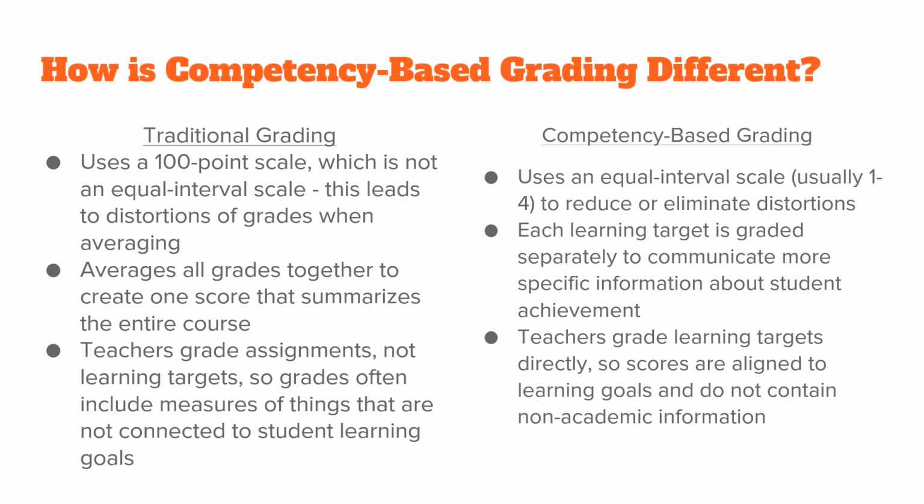Most of us are pretty familiar with traditional grading, so we typically feel pretty comfortable with it. Some of the primary qualities of a traditional grading system is it usually uses a 100-point scale.